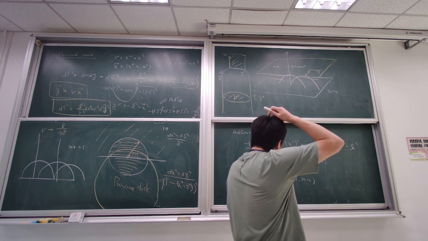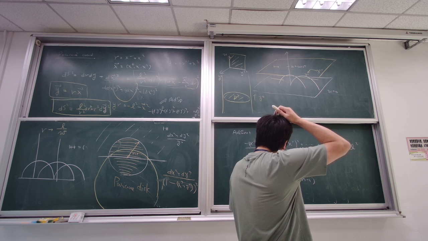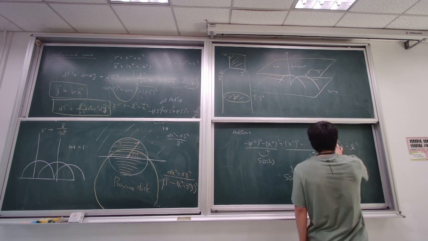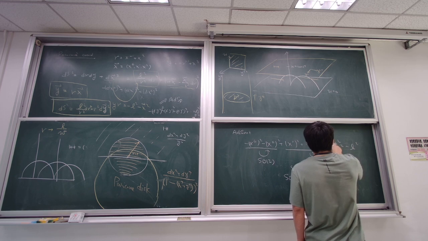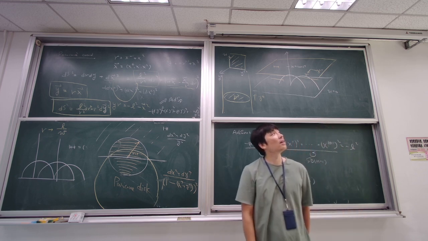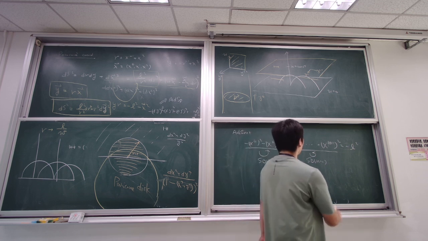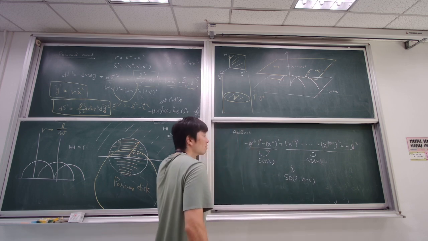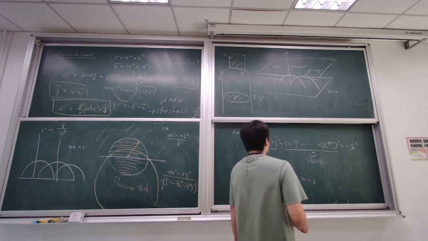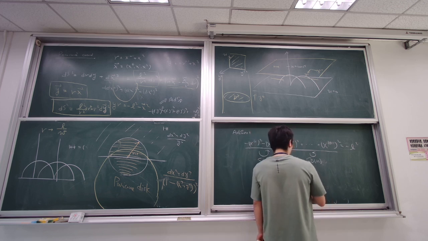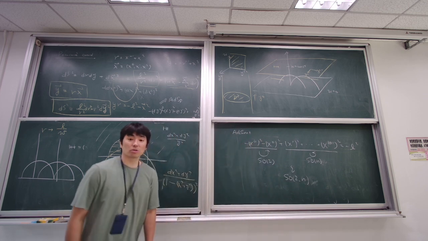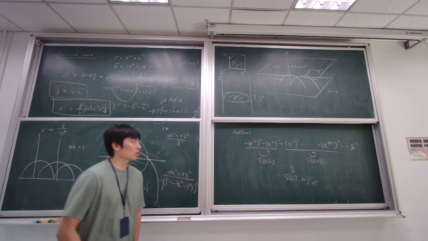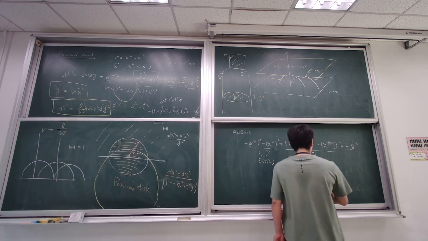I think I made a mistake somewhere. Sorry, this should be n in that case. So combined together, SO(2,n) acts on it, on the n plus 1 space.